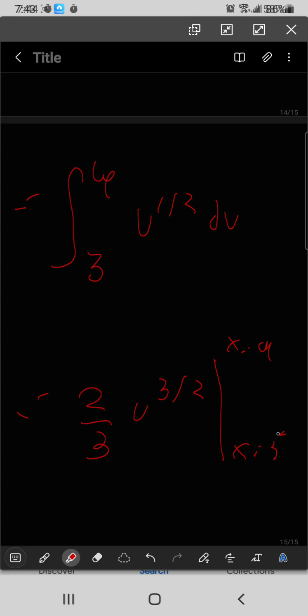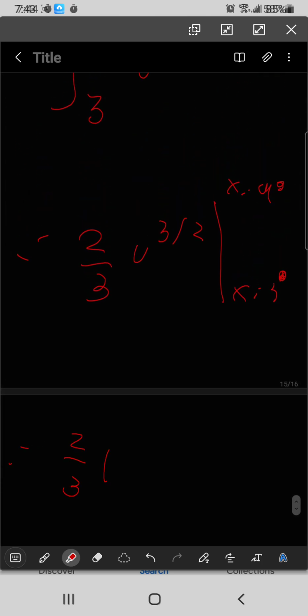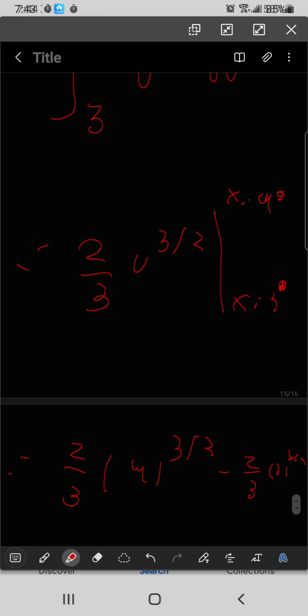Okay, my bad, so this is first, this is second. So our answer is going to be 2/3 times 4 to the 3/2 minus 2/3 times 3 to the 3/2. Notice that we get the same answer.